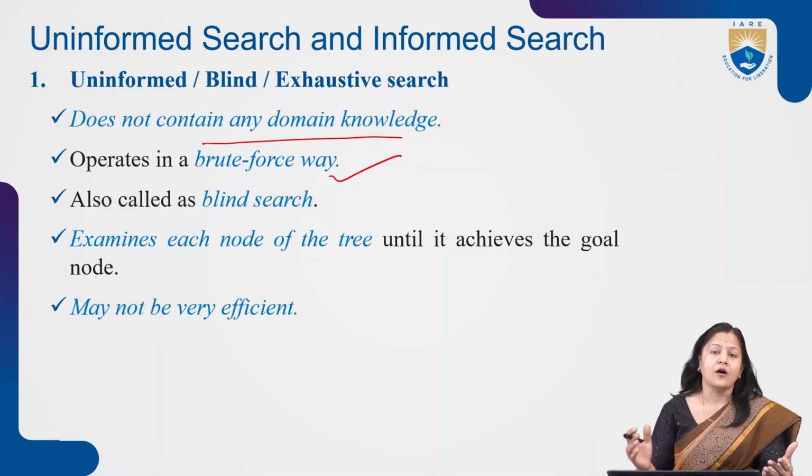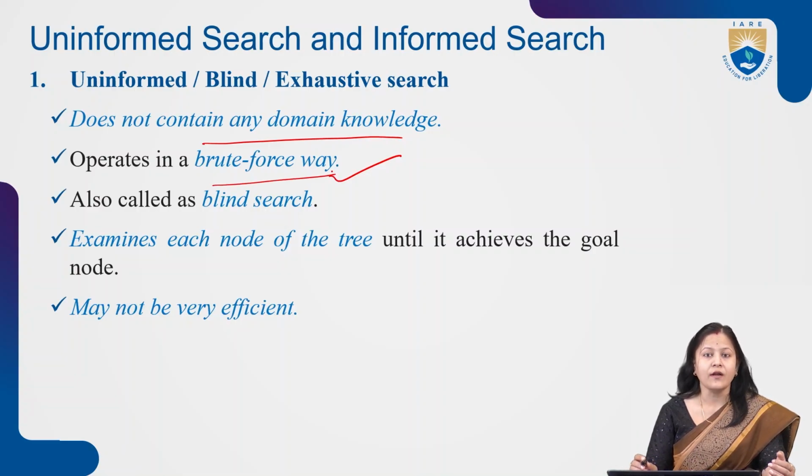That means the search techniques and the location of the search space are not known to the AI agent in advance. But it operates in a brute force way, meaning it knows how to traverse the search tree, how to find the leaf node, how to find the goal node. That is why it is called the brute force way.